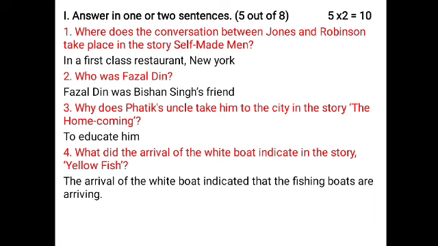It indicated that the fishing boats are arriving. The arrival of the white boat indicated that the fishing boats were coming back from their hunt. This is the answer. Now let's move on to the next question.